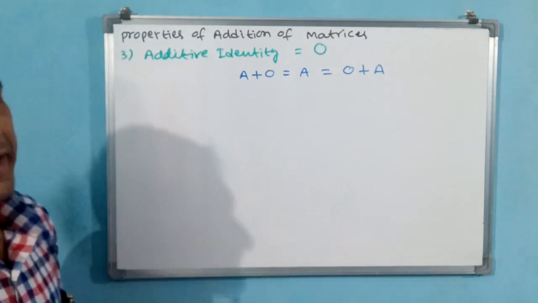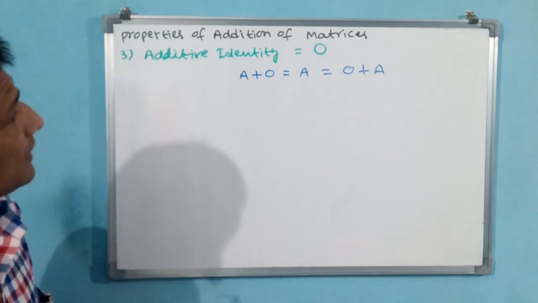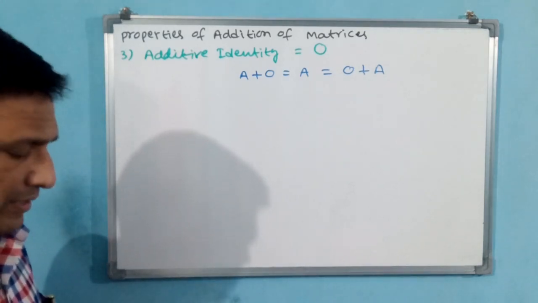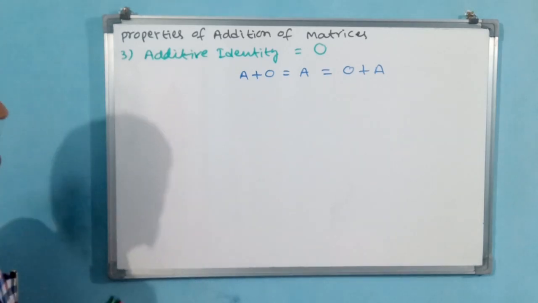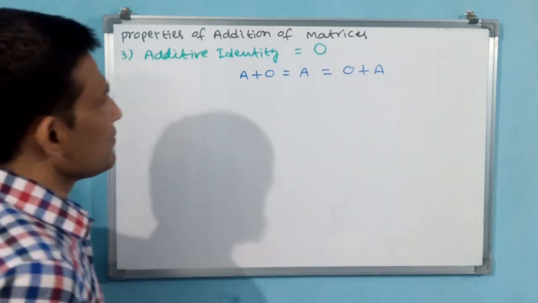Now additive identity we know. Now additive inverse is there. That is very important. Let us write additive inverse also.